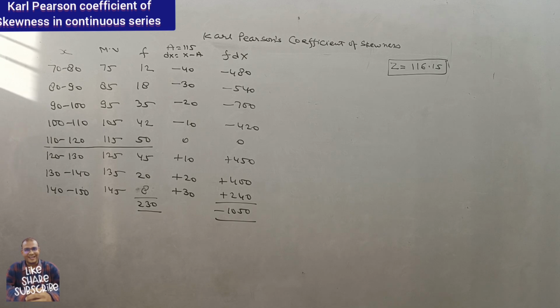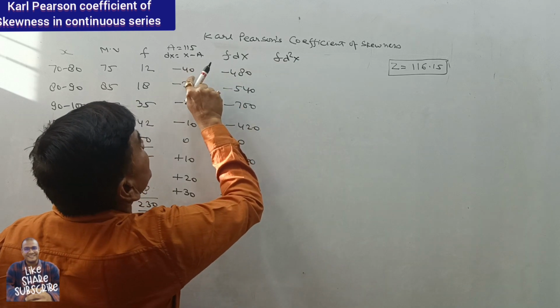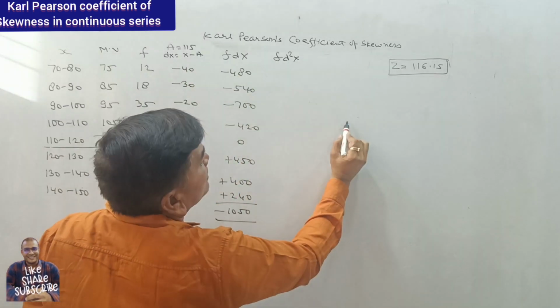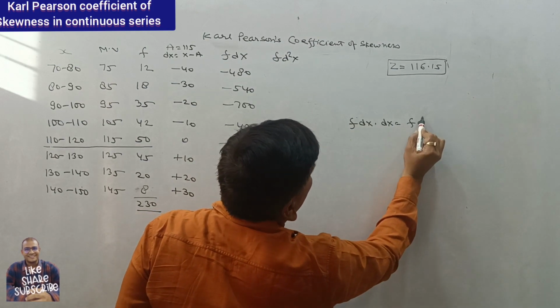Now we require fd square x, because fdx multiplied by dx will be converted to fd square x.